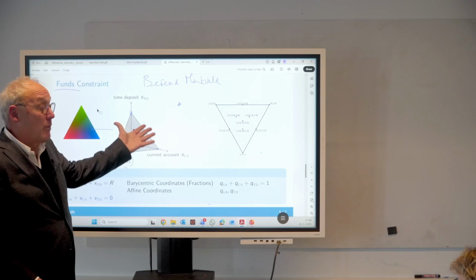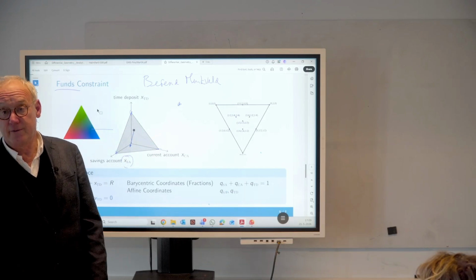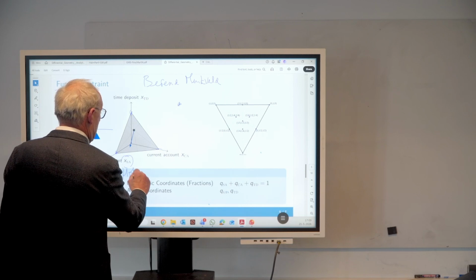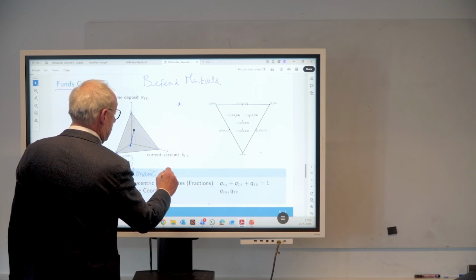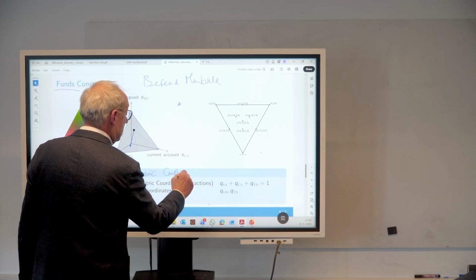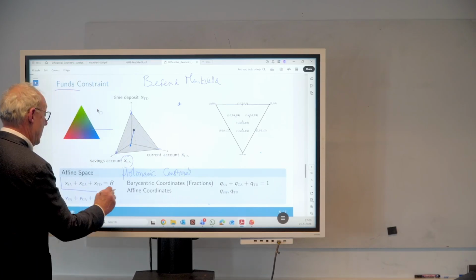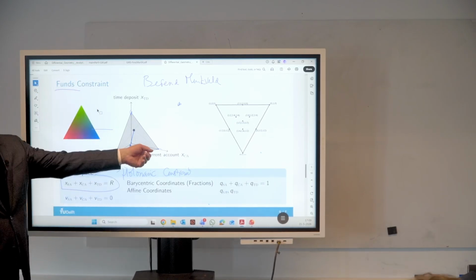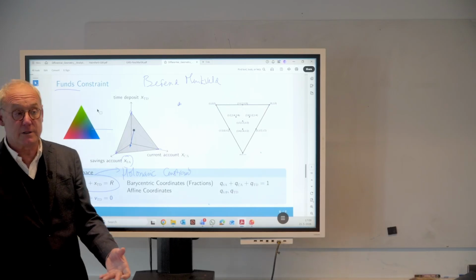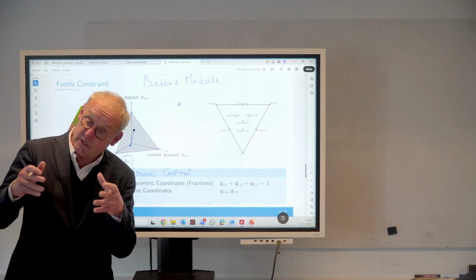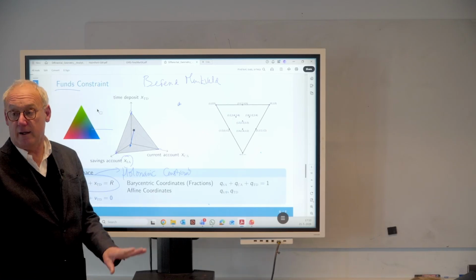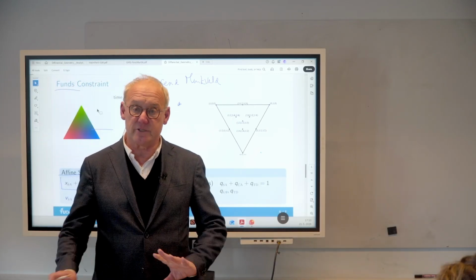So this is also what we call a holonomic constraint. So we have to say the sum of these is a constant. That puts this constraint. We call it holonomic because it involves only the stock levels, only positions, no velocities.